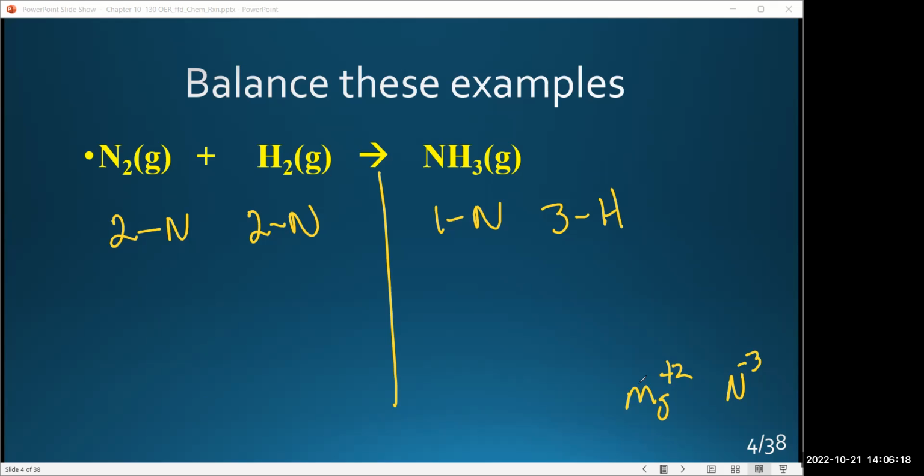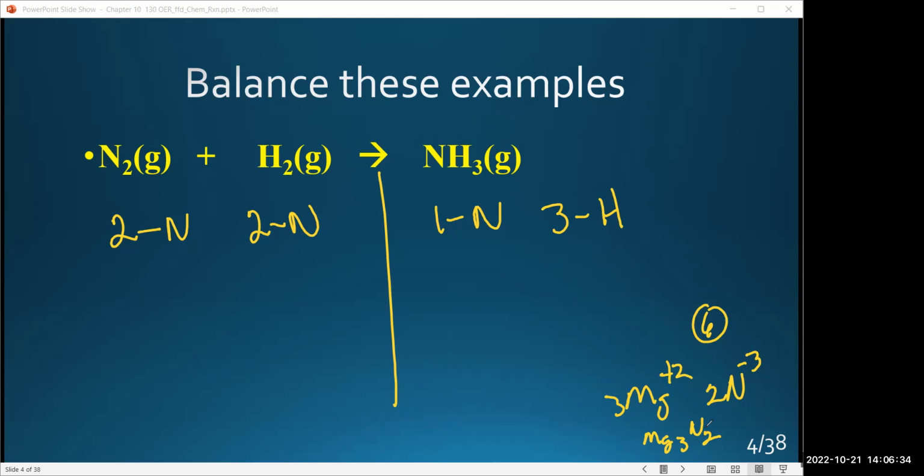And we looked for a common number. Remember that? Our common number here was 6. So I needed 3 magnesiums and 2 nitrites. So the formula was Mg3 and 2, okay?